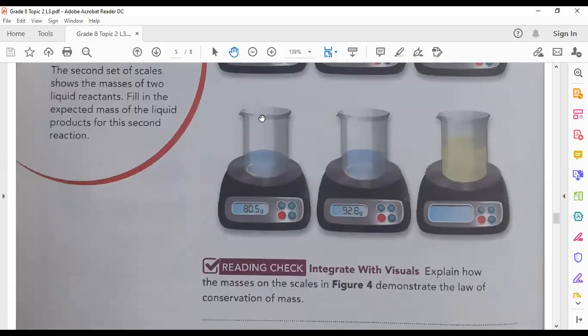Suppose that we have substance A and substance B. When they react, the mass of substance A is 80.5 and the mass of substance B is 92.8. So the total mass of the product must be what? It must be 173.3 grams. This is according to the conservation of mass.